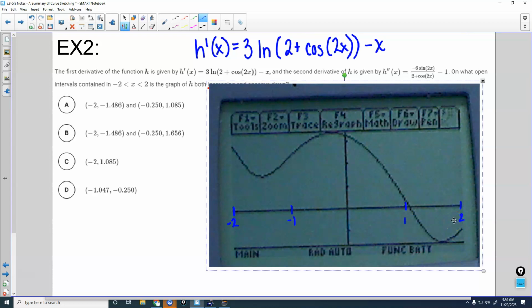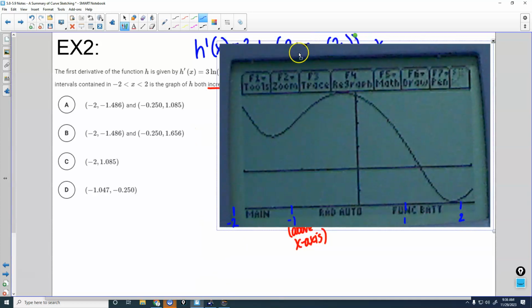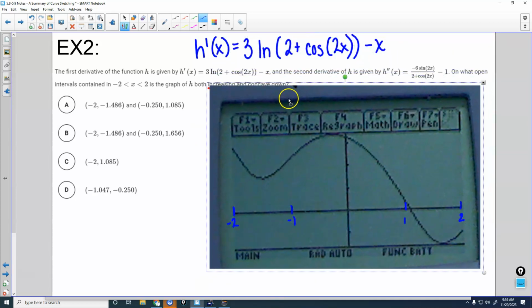And we said we are looking for where this is positive but decreasing, right? Positive means above the x-axis, but we want the graph to be decreasing. So that would happen right here, on that interval, and then also right here.